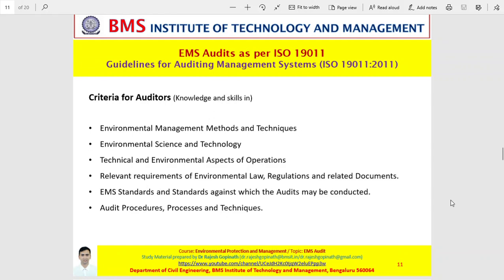When you carry out an EMS audit, you are basically telling the industry whether your EMS is in place or not. And when the certification confirms that the EMS is in place, invariably you are informing the society, the industry, and all stakeholders that this particular industry or enterprise is doing a remarkable job towards environmental protection, conservation, and sustainable activities.